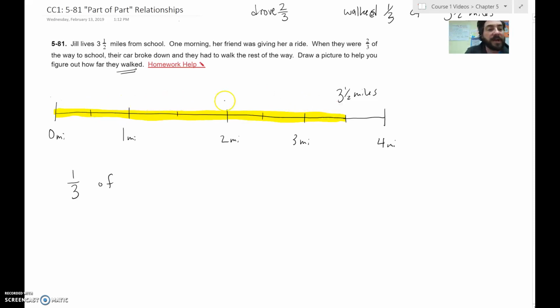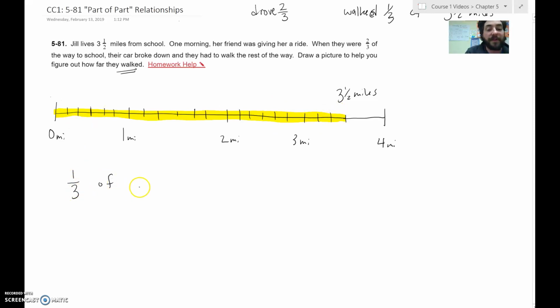So if we broke everything up into thirds, 3 pieces here, 3 pieces here, 3 parts here, we now have 1 part, 2 parts, 3 parts, 4, 5, 6, 7, 8, 9, 10, 11, 12, 13, 14, 15, 16, 17, 18, 19, 20, 21. So we have 21 parts.